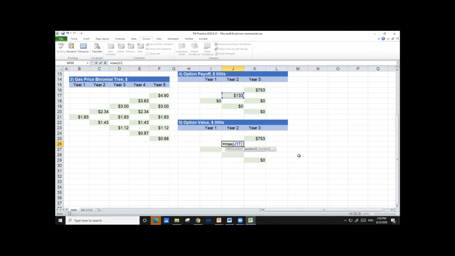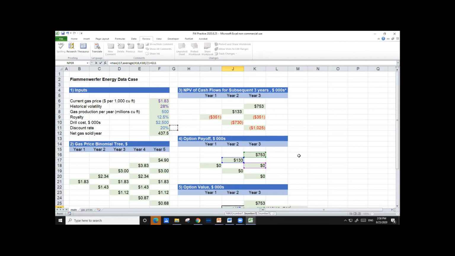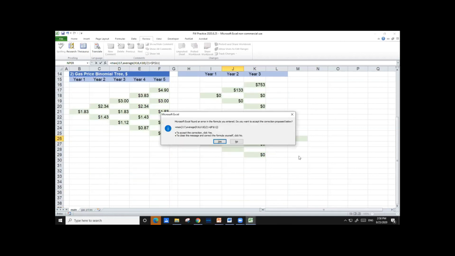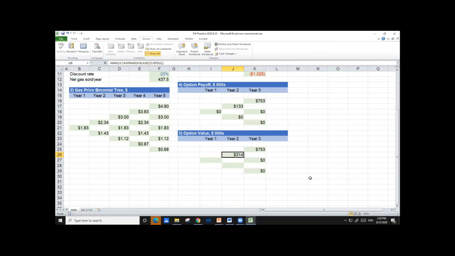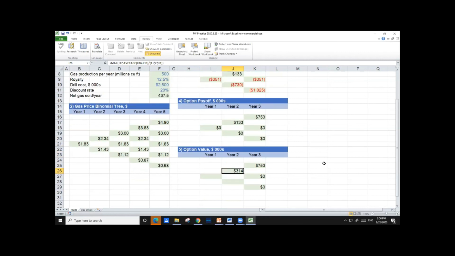So it'll be higher of J17, or average, assuming the same probability of going up and down, of NPV in year 3 up or down. And then I'll just present value. And then I can copy that down.